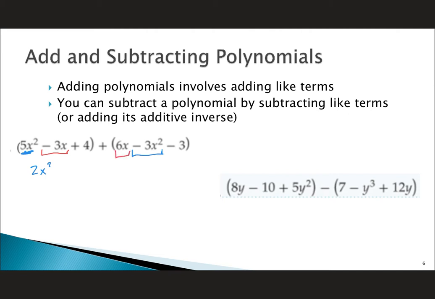Negative 3x plus 6x gives us plus 3x. And then last one, I have 4 and a negative 3, that's going to combine to a plus 1. So I have 2x squared plus 3x plus 1 as my final answer.